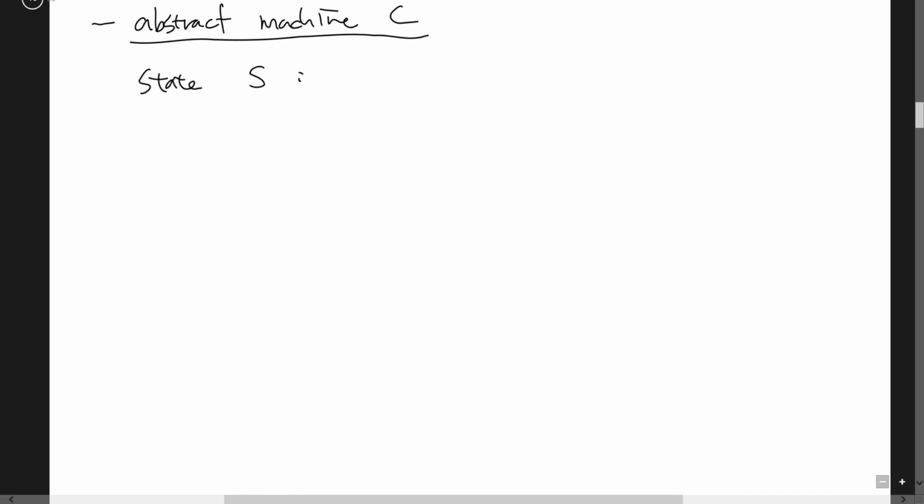State S is either stack of frames sigma, right triangle expression e, or stack of frames sigma, left triangle value v. As a side note, there's no particular meaning in the choice of the name for this abstract machine, C. So there's no particular meaning in C.